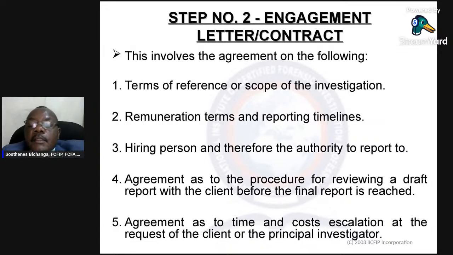Deadlines for such investigations must be agreed upon by the client, and the client must commit to facilitate the investigation by providing all required explanations, documents, and other items that may be required for the purposes of the investigation.